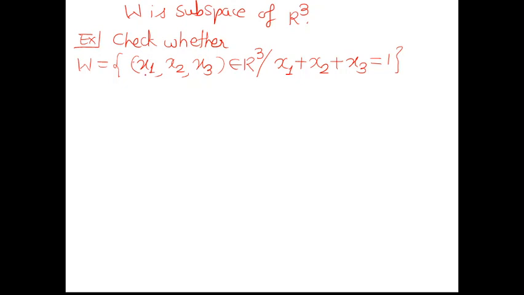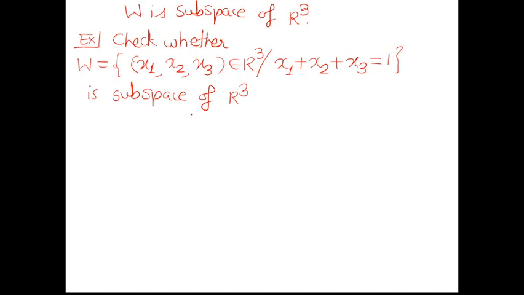Check whether this is a subspace of R cube. Remember one thing: whenever you have a linear expression as a condition, where the variable terms x1, x2, x3 each have power 1, and the right hand side is a non-zero term, then the result is negative. That is, it is not a subspace.